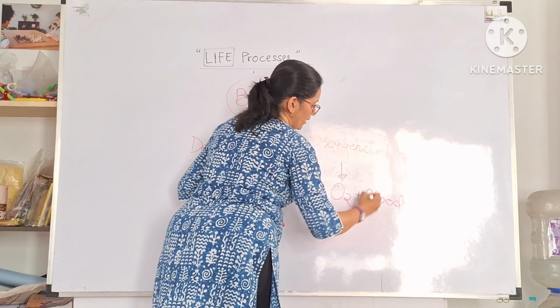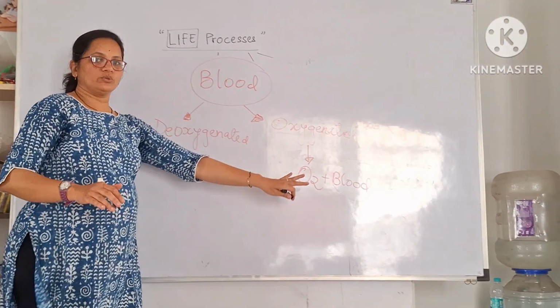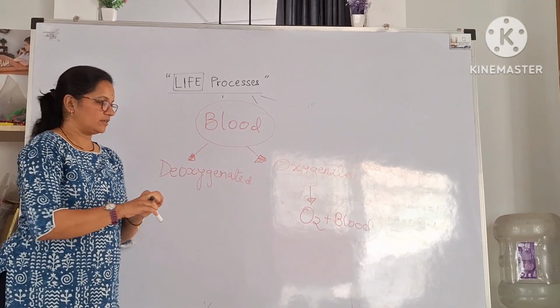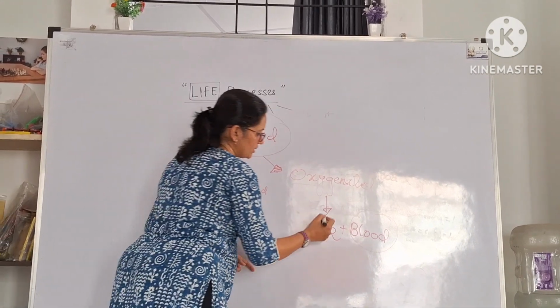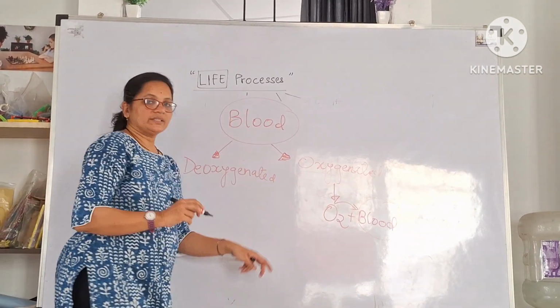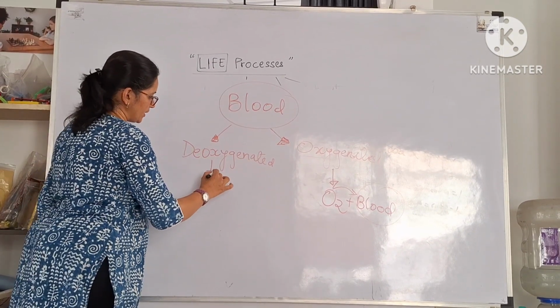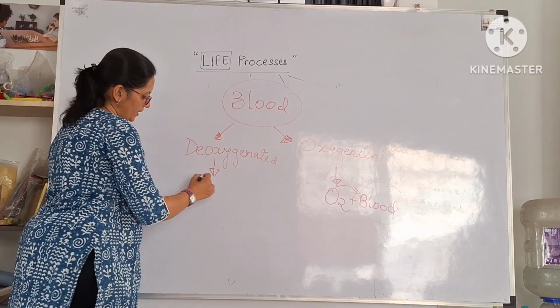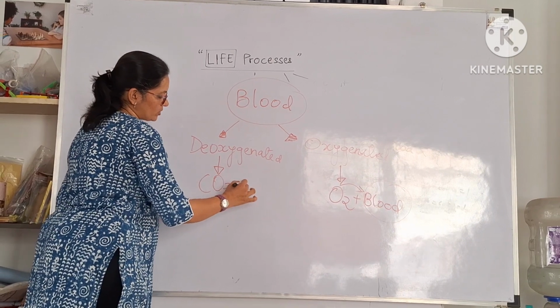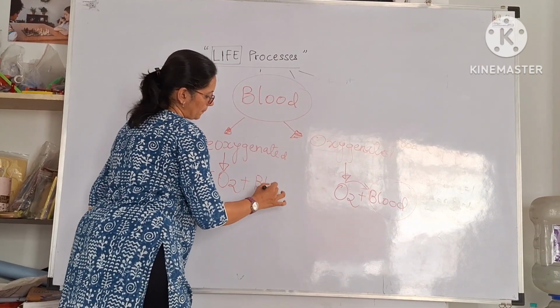In blood there is hemoglobin, which we will come to later in the chapter. Oxygen is mixed with the blood, and that blood is known as oxygenated blood. Whereas deoxygenated blood means it has no oxygen, so it contains carbon dioxide.